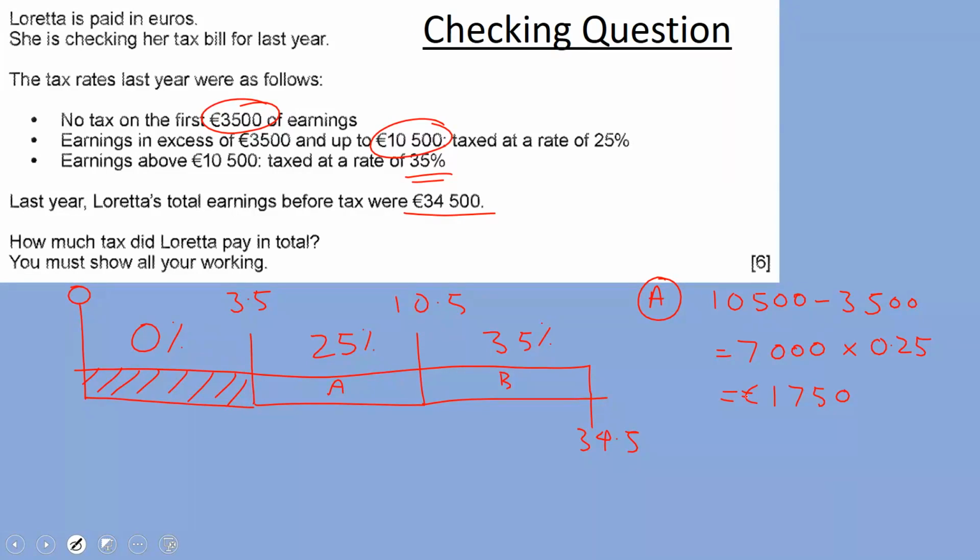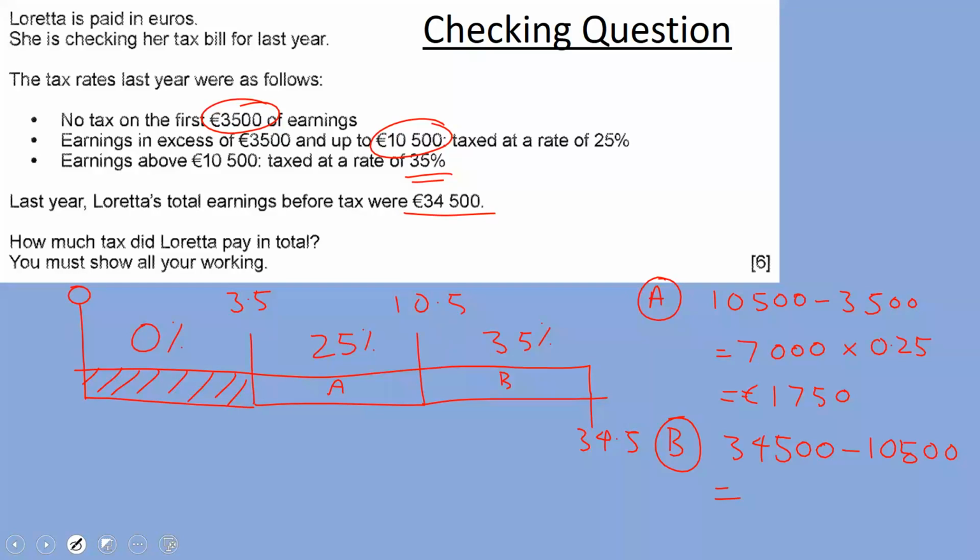And section B, we are looking at 34,500 take away 10,500. That is supposed to be a 5.